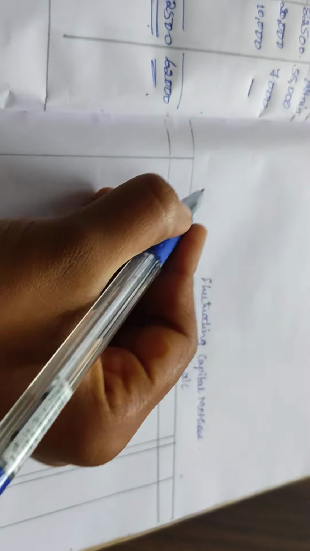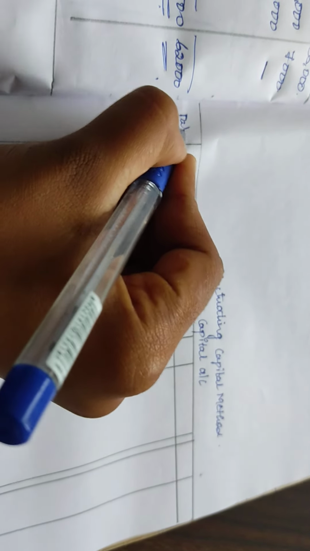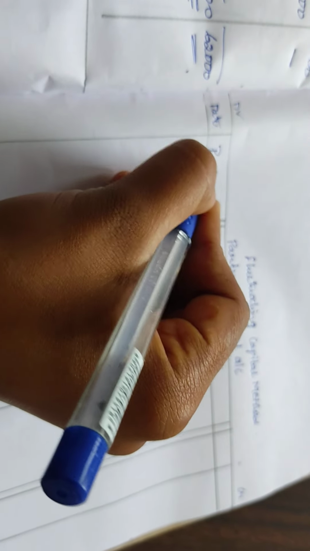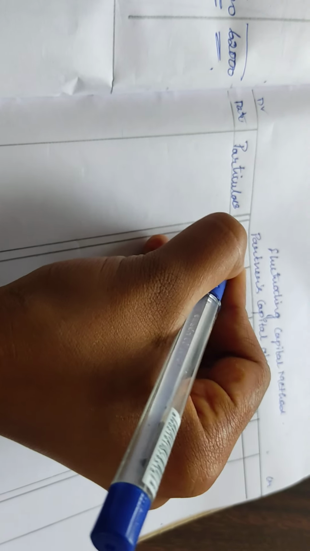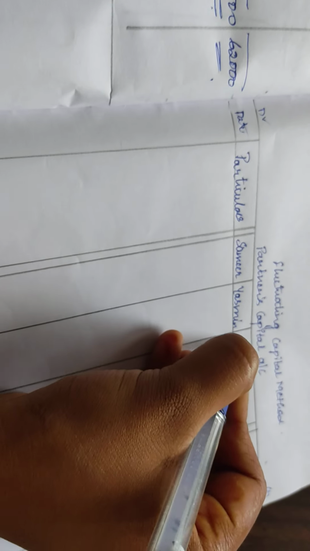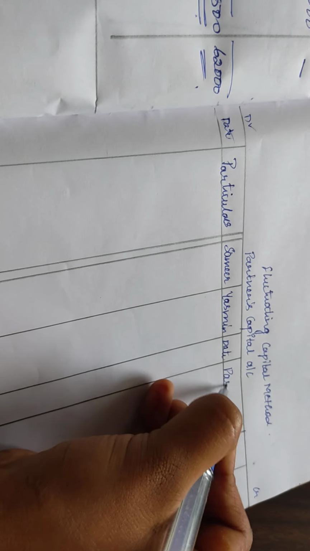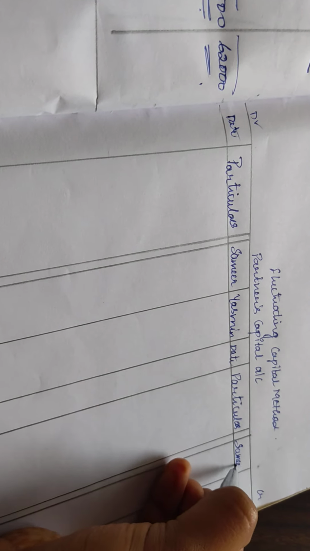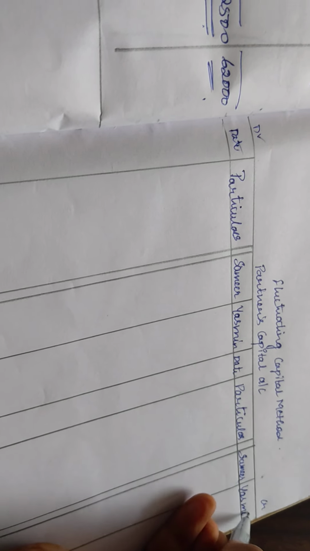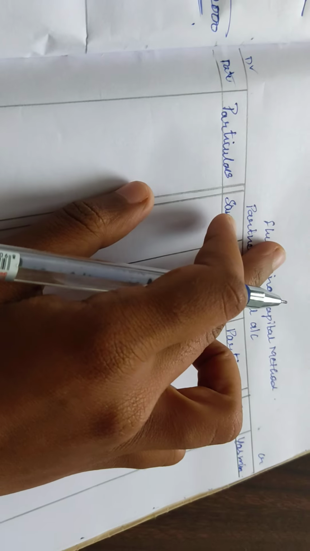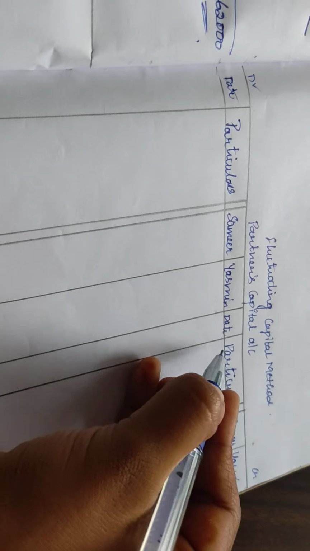You have taken the pro forma: date, debit, credit, particulars, Samir, Yasmin, particulars, Samir, Yasmin. So the first item we have to bring down. This is the same problem we are doing under fluctuating capital method.